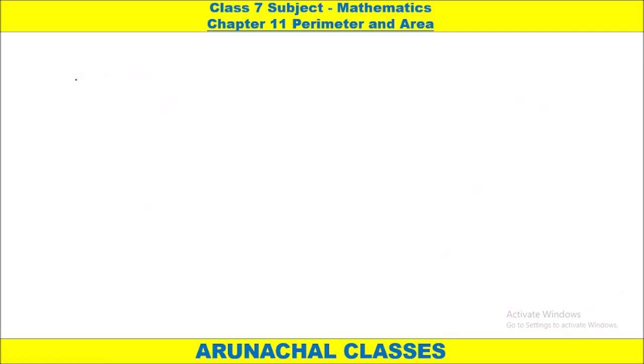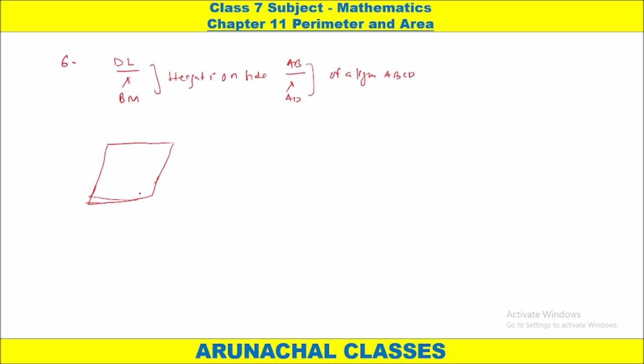Now let's have question number 6. In question number 6 they have given that DL and BM are heights on side AB and side AD respectively of a parallelogram ABCD. Just draw the parallelogram. Here a parallelogram we have drawn. It is side AB.